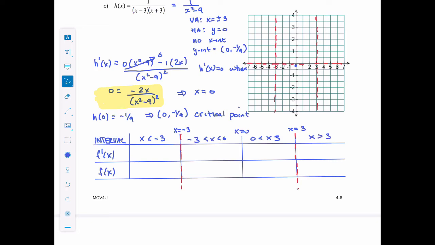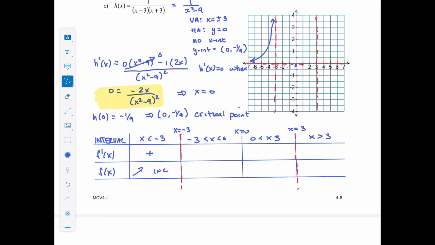If we plug in a negative value into our function, remember the denominator is always going to be positive. So if I plug a negative into the numerator, it's going to be positive over positive, which will produce a positive, which means it's going to be increasing. And if we check a really big negative number, what we'll see is that it's going to give me something that looks like this.